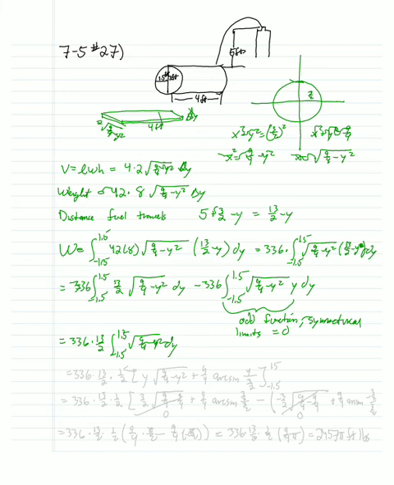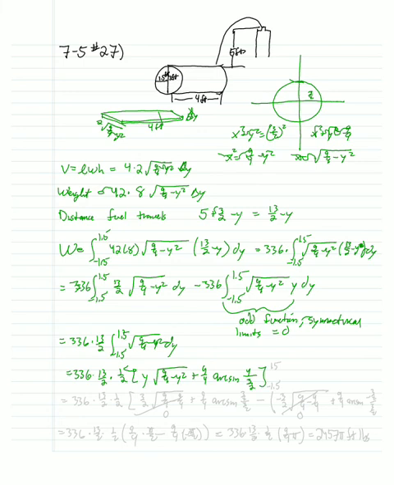So this becomes 336 times 13 halves times, and the formula goes, 1/2 times y times the square root of 9/4 minus y squared plus 9/4 arcsine of y over 3/2.